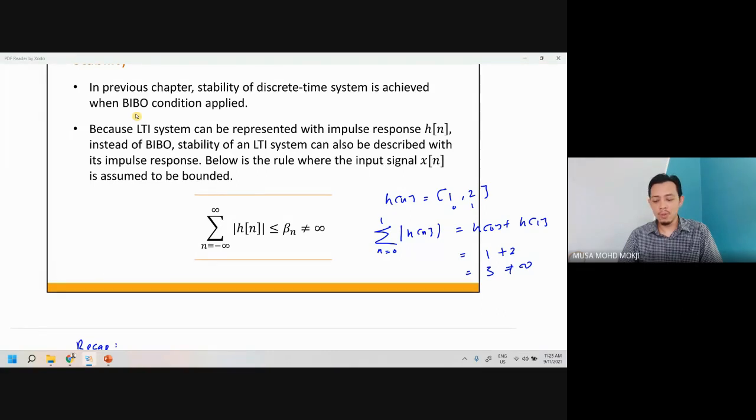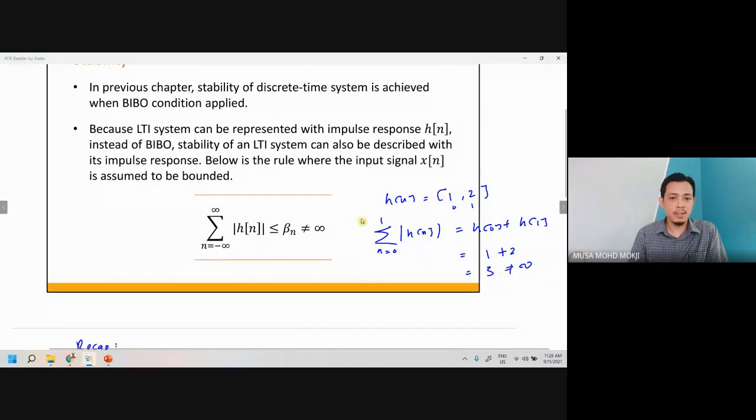Then after you know the input signal is bounded and the output signal is bounded, then we can say that it is BIBO. Okay, but checking the impulse response is quite straightforward. So you just sum every value that you have in your hn. If it is not infinity, then the system is stable, right?